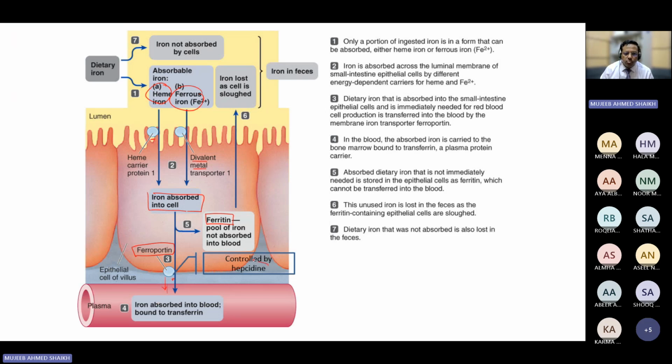Hepcidin is acting on ferroportin, inhibiting it. That means if more iron is absorbed or the body does not need it, hepcidin level will be high and it will stop iron moving from the cell into the blood. Hepcidin is controlling iron absorption by inhibiting ferroportin.